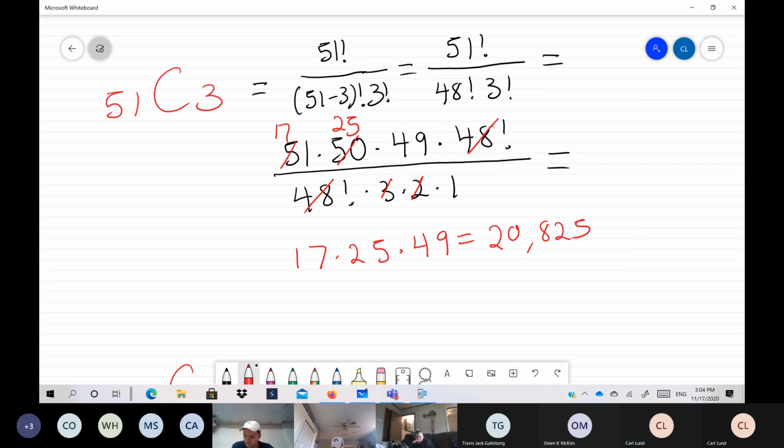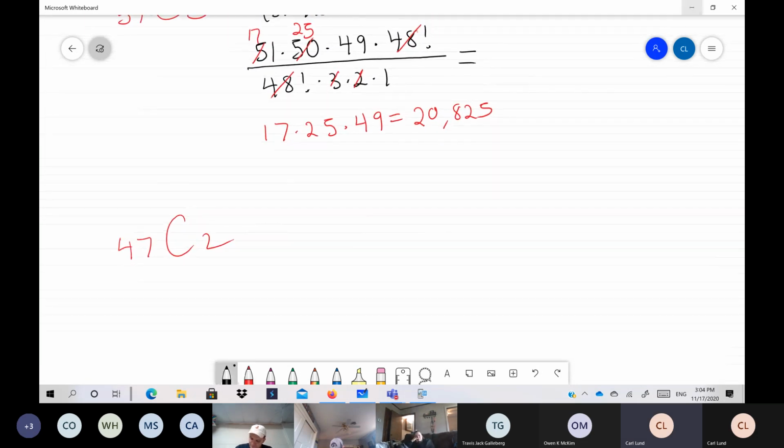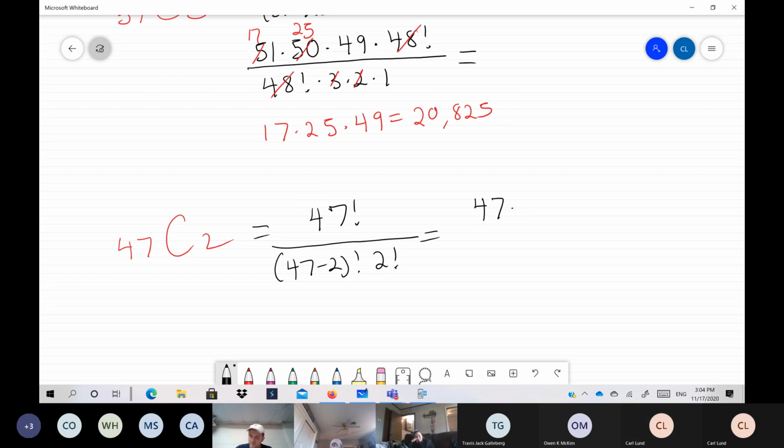And then we'll do the same thing to pick 2 Republicans out of 47. So we get 47 factorial over 47 minus 2 factorial times 2 factorial. We'll do this extra step: 47 factorial over 45 factorial times 2 factorial.